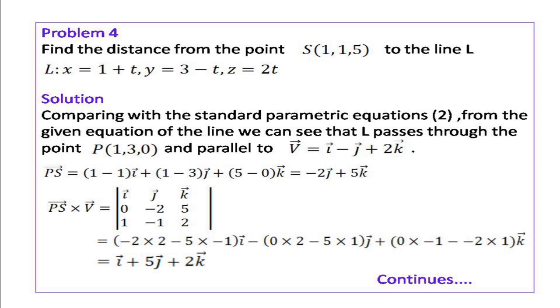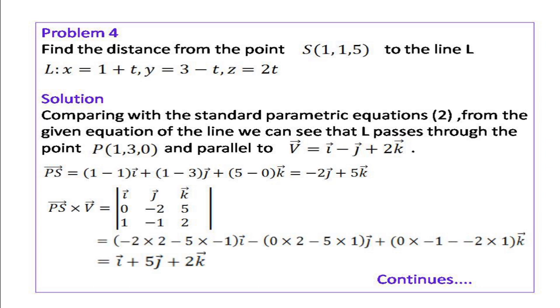Comparing with the standard parametric equations, we can find the point on the line L and the vector parallel to the line L, which is found to be P(1, 3, 0), and the vector V is vector i minus vector j plus 2 vector k, which is obtained using the coefficients of t in the parametric equations of x, y and z.